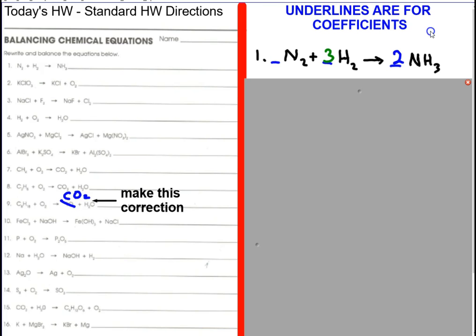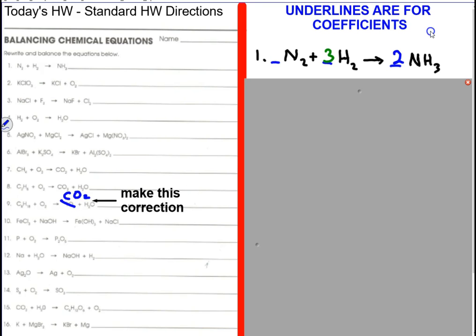Okay, now let's check. Do a final check. Nitrogens on the left. Come on, I want a choral response. I want to hear that on the video. 1, 2, 3, okay, let's go. 2 nitrogens. Okay. How many nitrogens here? 2. All right, we're starting to get it. Come on, more of you.